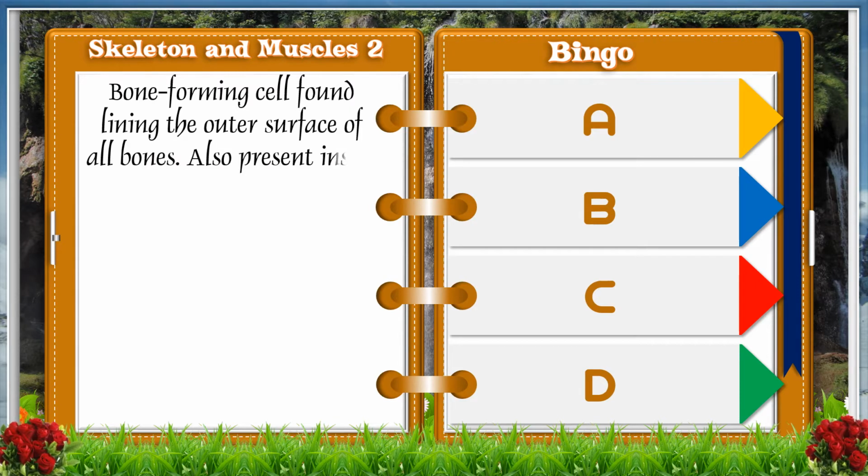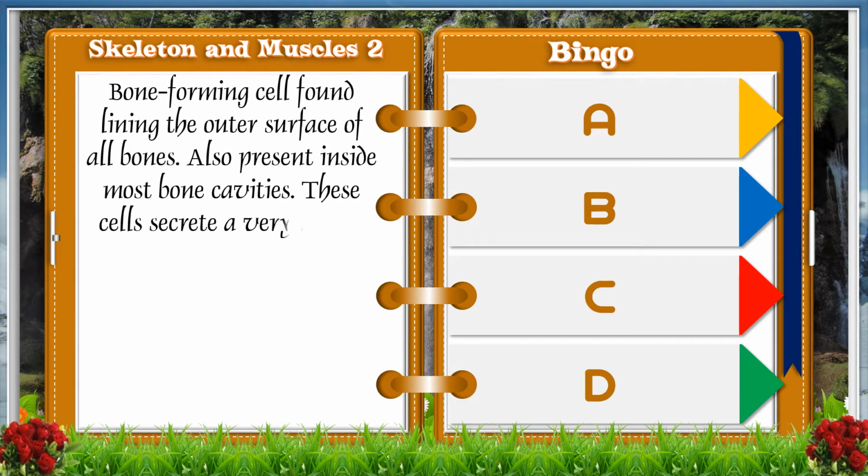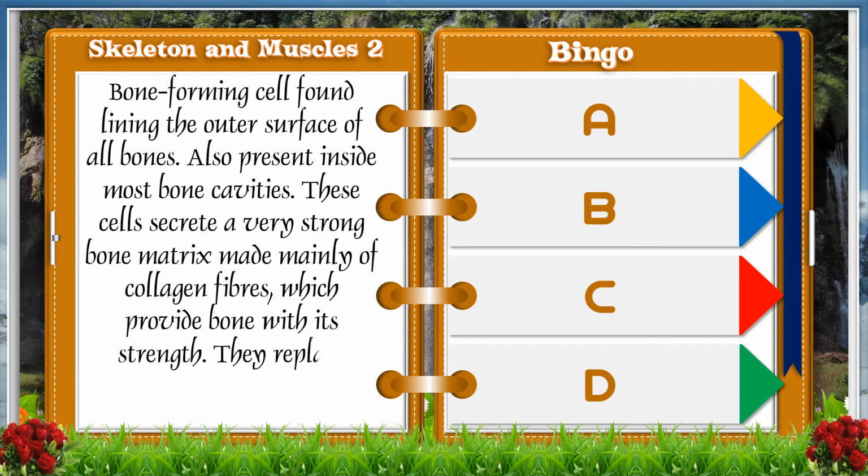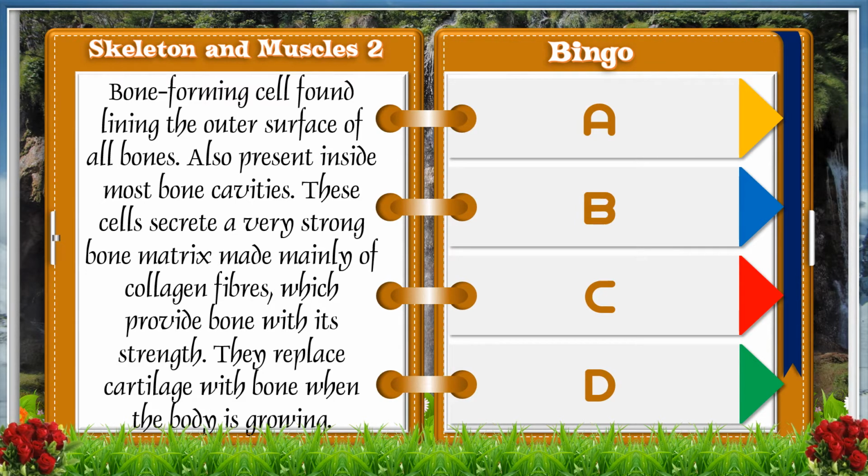Bone-forming cell found lining the outer surface of all bones. Also present inside most bone are cavities. These cells secrete a very strong bone matrix made mainly of collagen fibers, which provide bone with its strength.